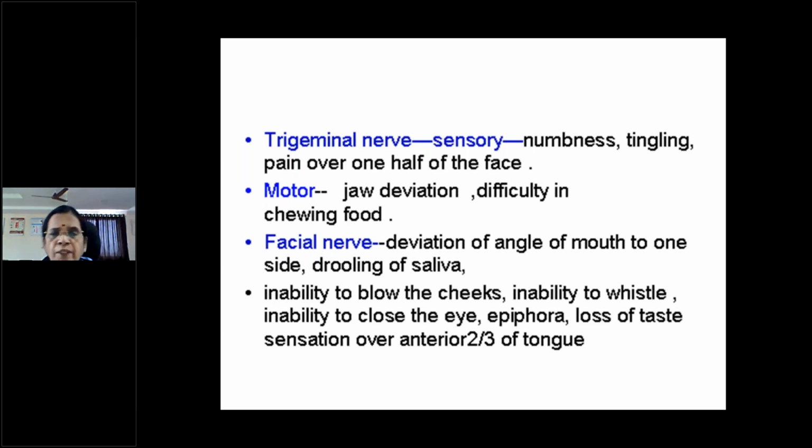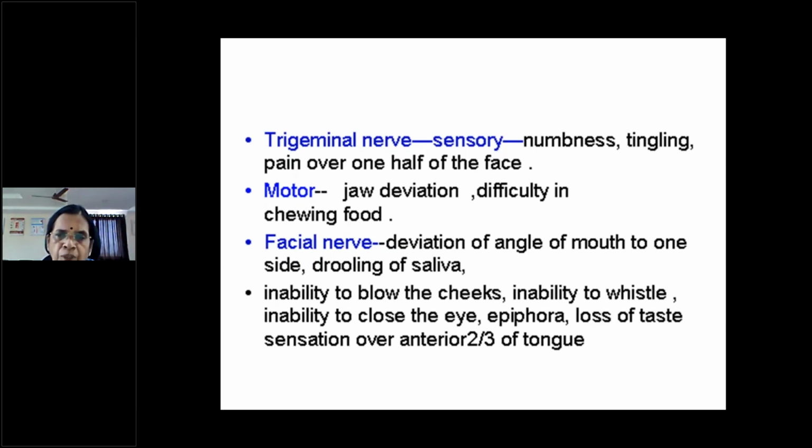Usually in the upper motor neuron type, the patient complains of only deviation of the angle of the mouth to the opposite side. If the right side is affected, there will be deviation to the left side. So there will be deviation of the angle of the mouth and drooling of saliva. That indicates an upper motor neuron type of facial nerve palsy.